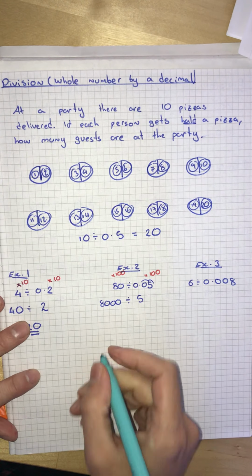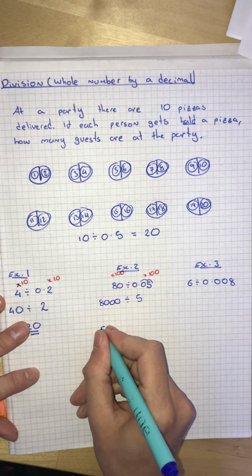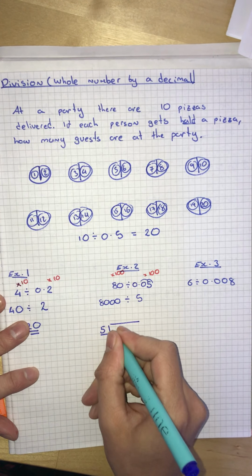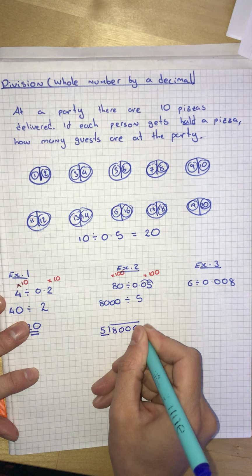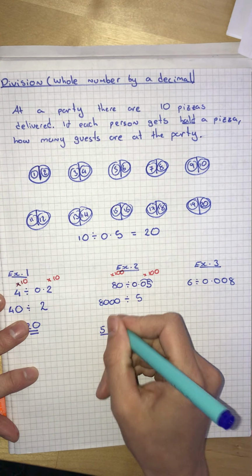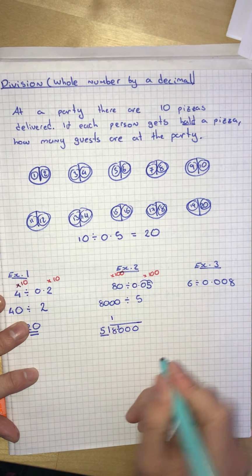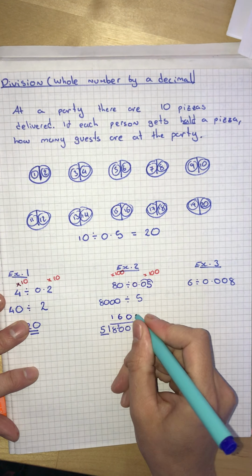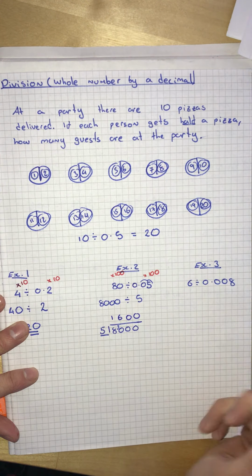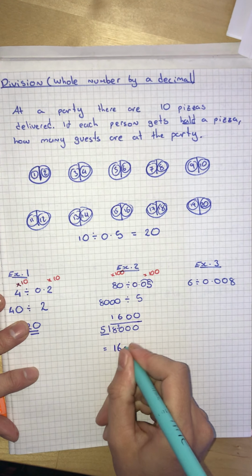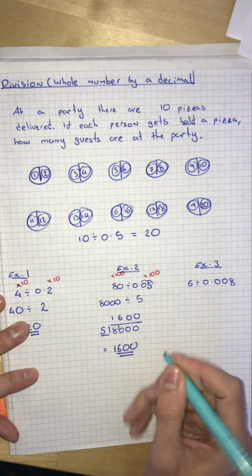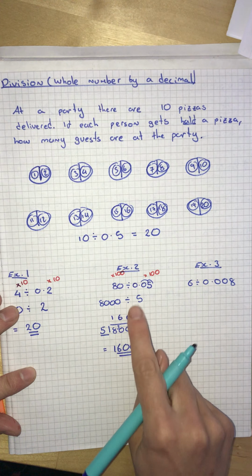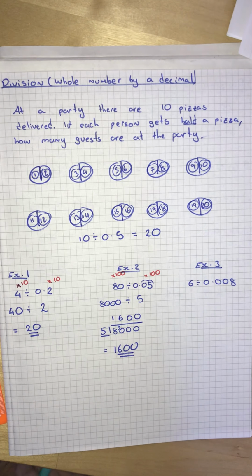And then if you need to, we can just do our bus stop. Five into 8 once, with the remainder 3. 5 into 30, 6, 0, 0. So 8,000 divided by 5 is 1,600, which means 80 divided by 0.05 is 1,600.